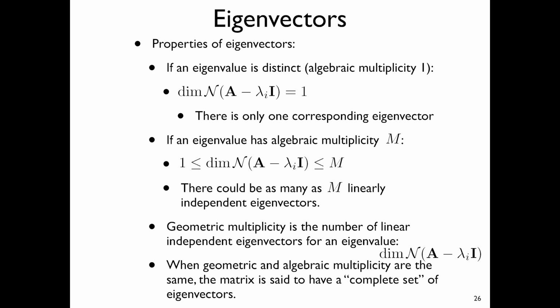And we saw different variants on values that sit in this range. So there could be as many as m linearly independent eigenvectors, and there may be fewer. So geometric multiplicity is the number of linearly independent eigenvectors associated with an eigenvalue. It's the dimension of the null space of this matrix.